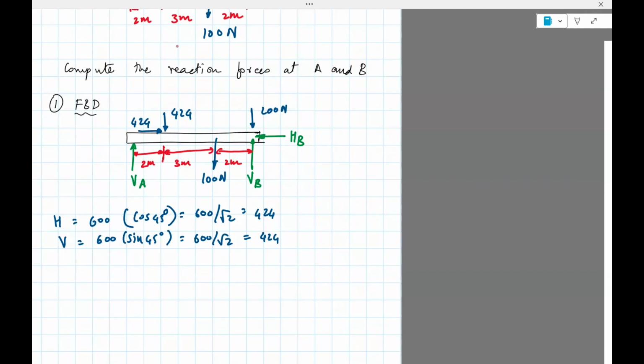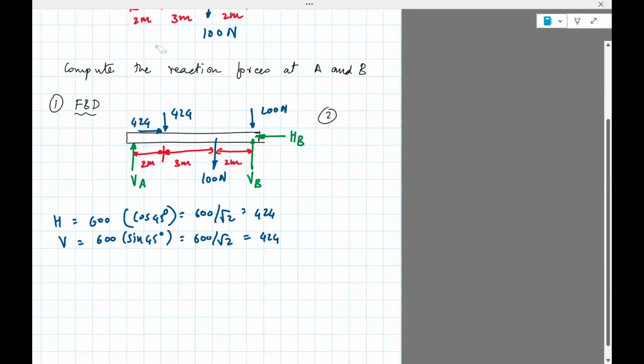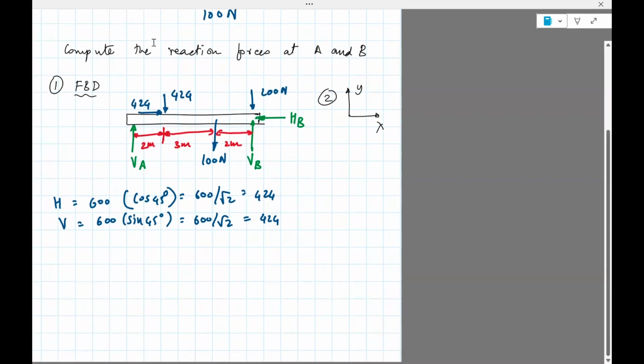Okay, second step is to assign a coordinate frame, which I don't need to really do separately. I can just show it like this: x, y. Okay, and the third step is to write the equations of equilibrium.